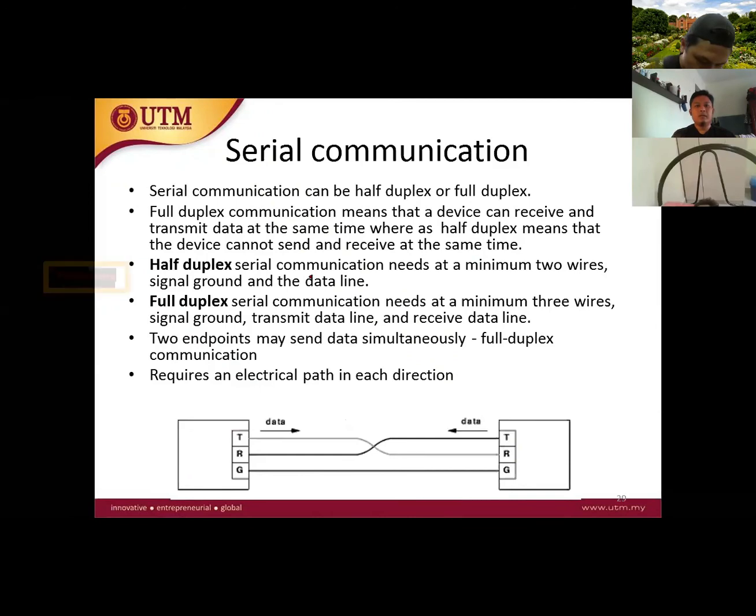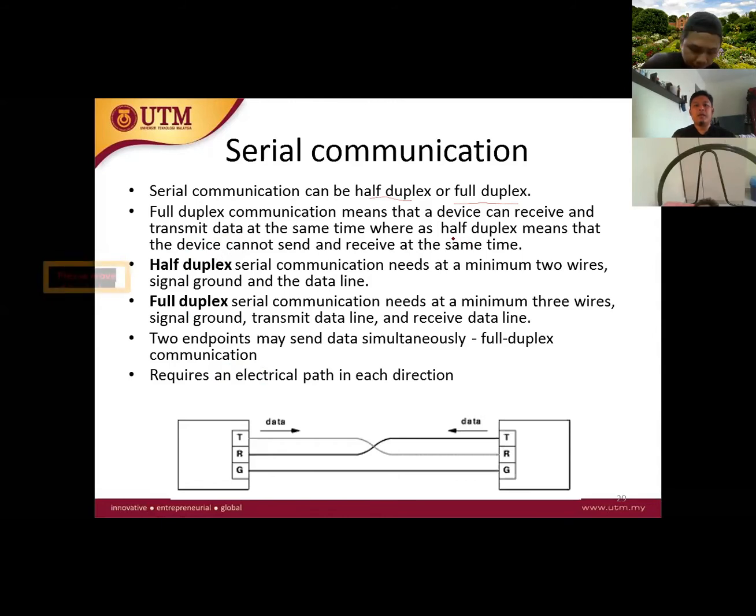Serial communication can be half or full duplex. Full duplex means the device and receiver can talk and listen at the same time. That is what I mean by full duplex.